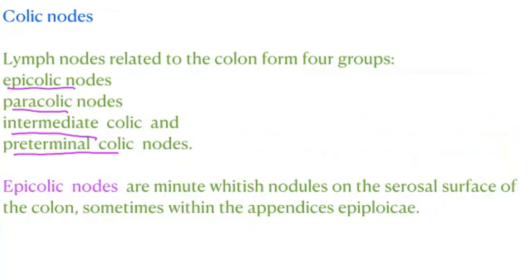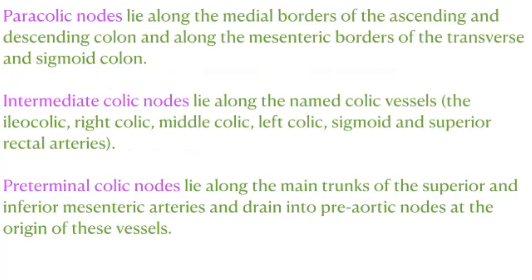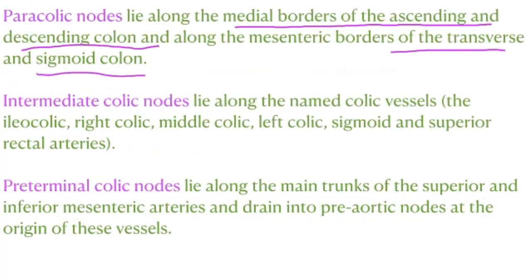Epicolic nodes are minute whitish nodules on the serosal surface of the colon, sometimes within appendices epiploicae. Paracolic nodes lie along the medial border of the ascending and descending colon and along the mesenteric borders of the transverse and sigmoid colon.